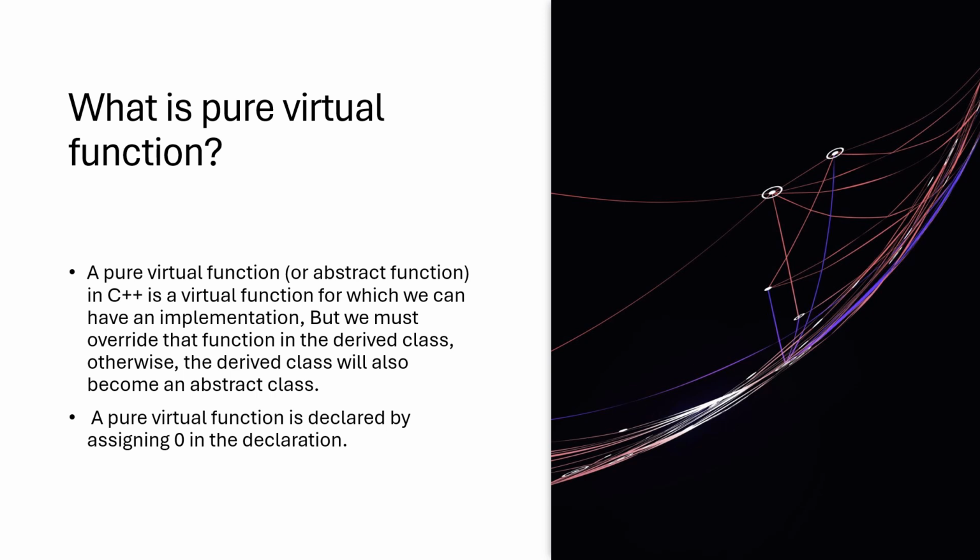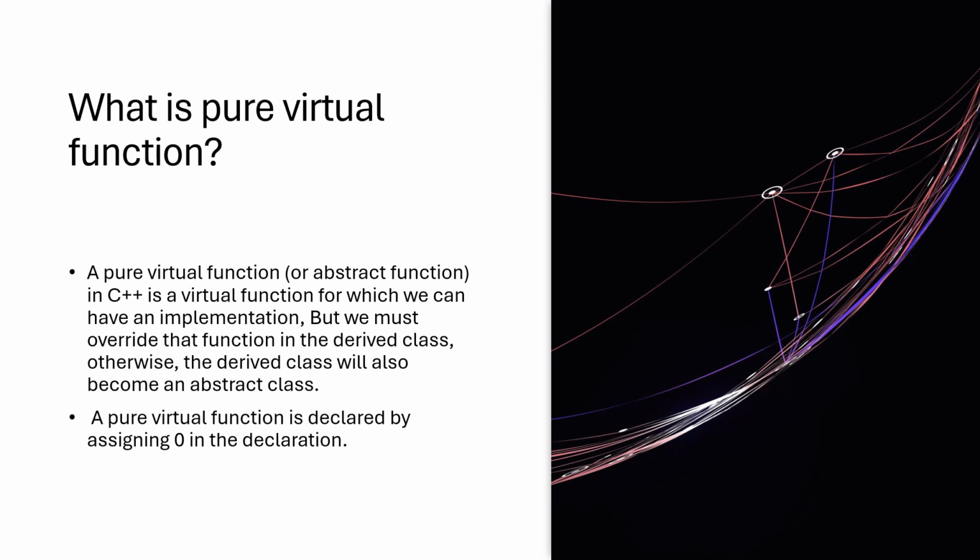A pure virtual function or abstract function in C++ is a virtual function for which we can have an implementation, but we must override the function in the derived class. Otherwise, the derived class will also become an abstract class. It is absolutely right. So, what is in a base class? We are declaring the function. While declaring, we have to differentiate it in the derived class.